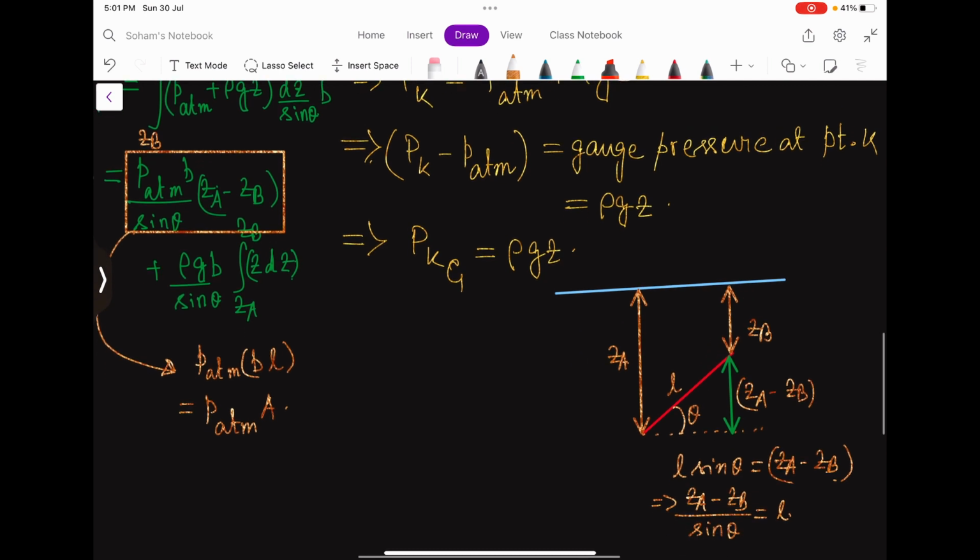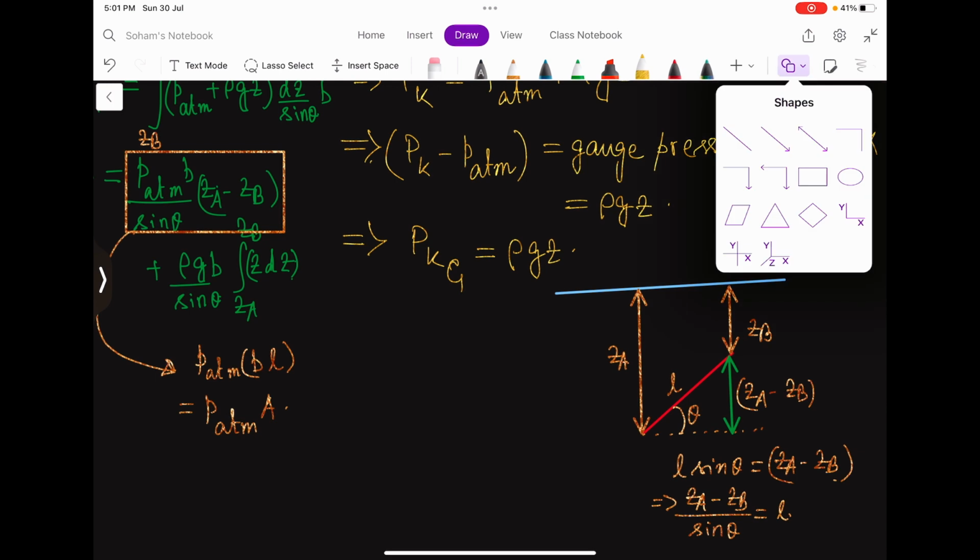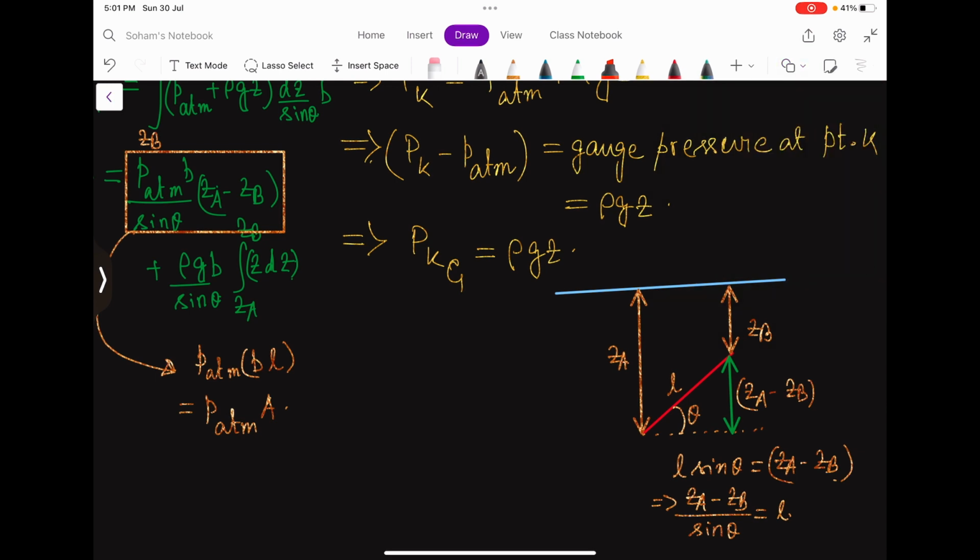Now let us come to this second term. This is rho g b by sine theta into z dz, from za to zb.